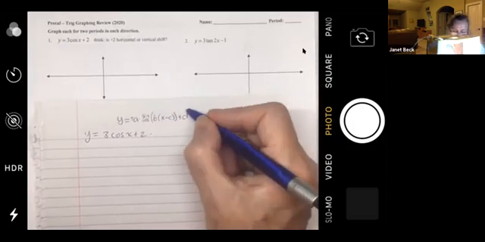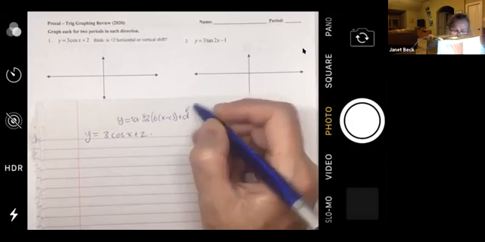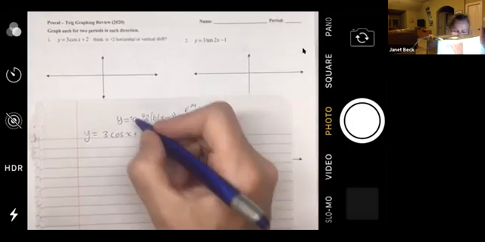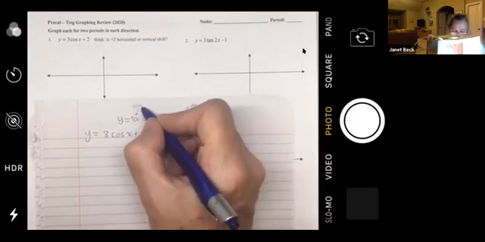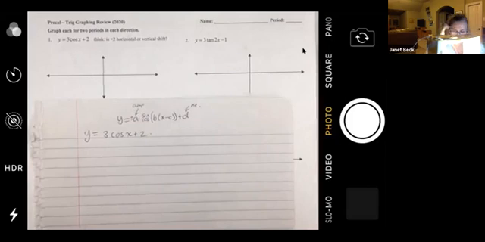The first thing you graph is this number at the end. That will give you your midline. Then you graph this and it tells you how far up or down. It's your vertical stretch, which gives you the amplitude of the function.